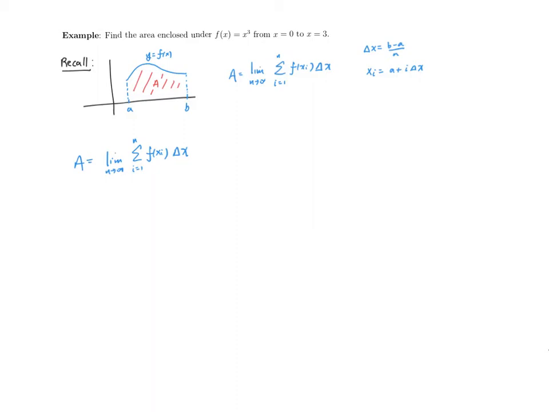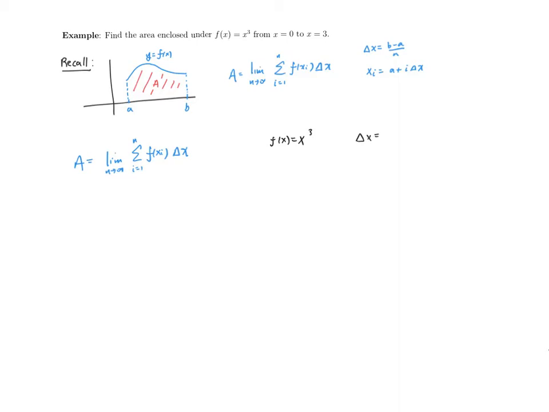And similarly, I always know what my second step will be as well, because I need to substitute in these specific quantities. So for this problem, we know that f of x is equal to x cubed.